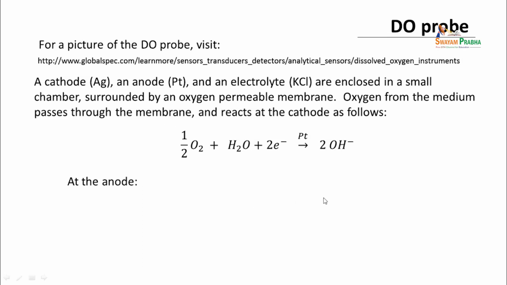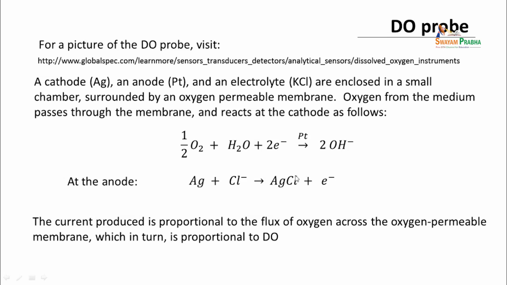Okay, I'll clarify that a little later. At the anode, you have silver plus chloride, giving you silver chloride plus electrons. These are the two reactions that take place at the electrodes.